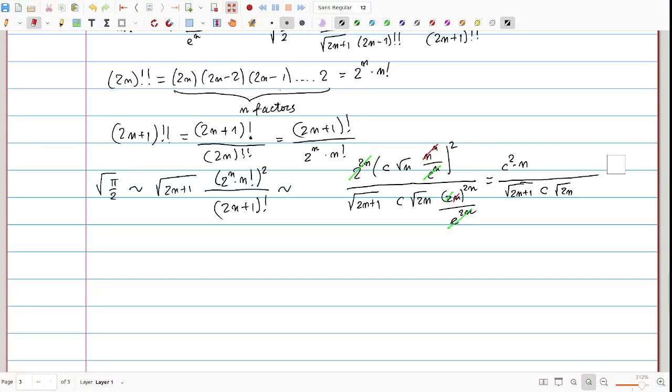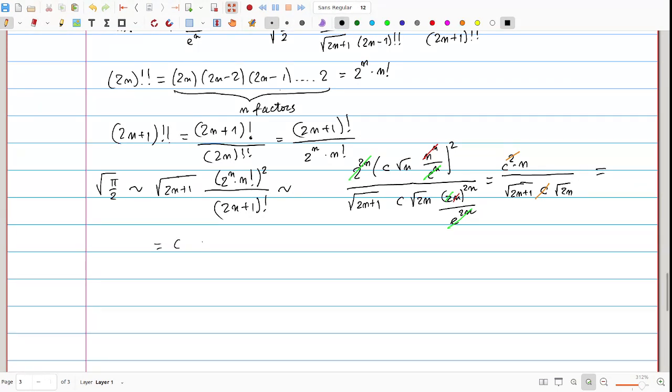And you can see also one C cancelled, but we are left with, if we take the limit, let's make another passage.